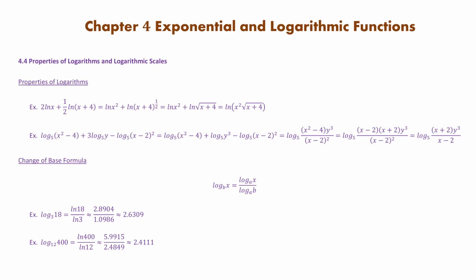So we can put all these factors together in one step. Then we can simplify the expression a little bit by canceling the common factor on the top and at the bottom.